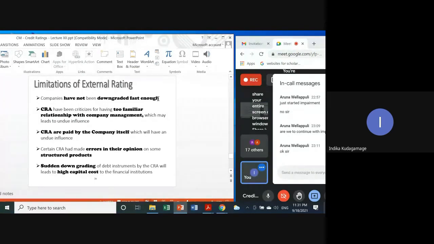What are they? Rating has been done on a point in time basis, PIT, right? Through the cycle, TTC, we don't do normally because it takes a long evaluation, right?